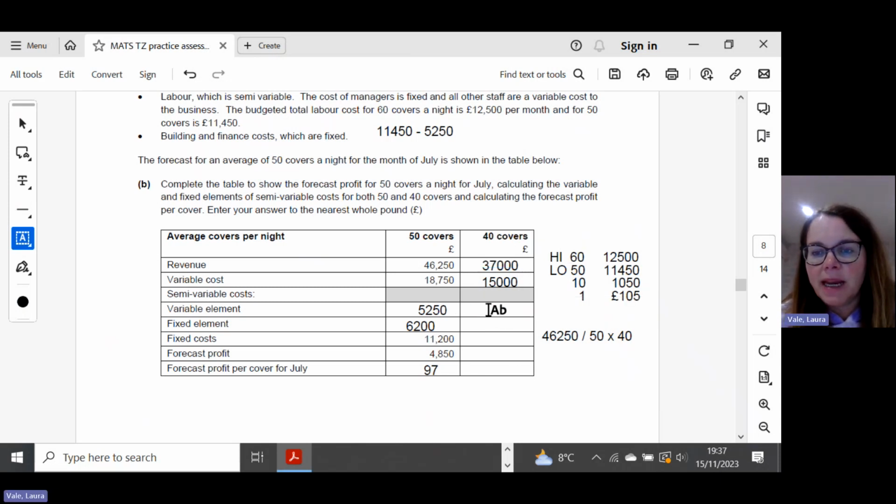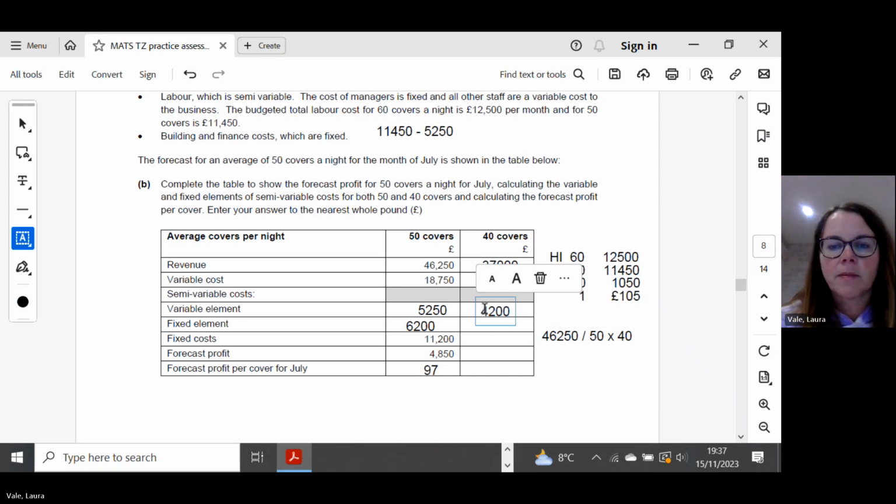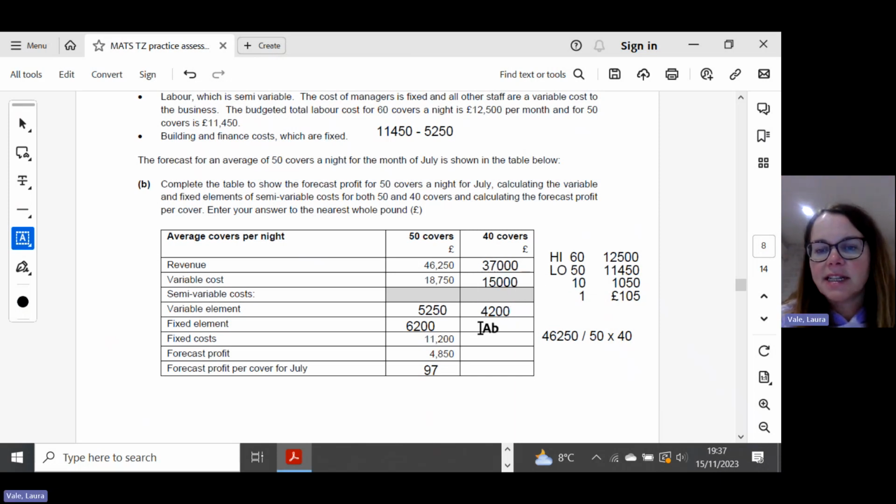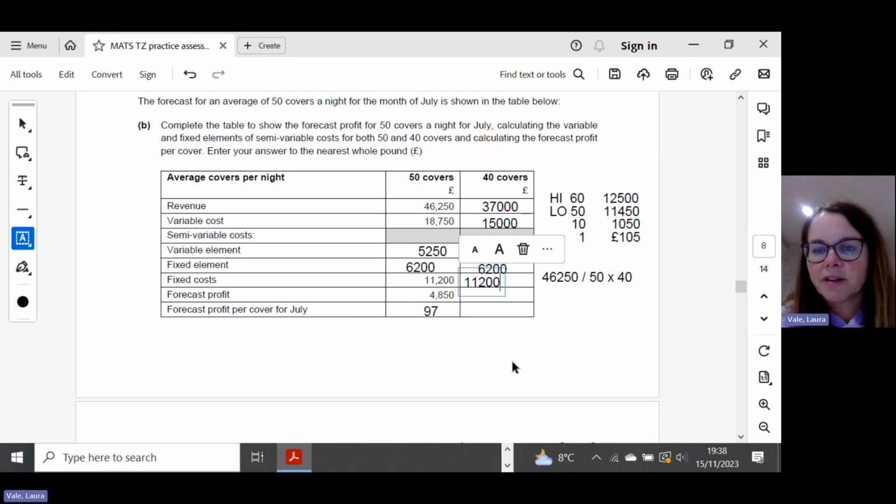Then the variable element here, so remember I knew it was 105, not £10.50, whoops. So 105 times 40 is 4,200. Fixed is fixed, so that must still be 6,200. My fixed costs are fixed, so they must still be 11,200. Sorry, it's going a bit skew, but you get the idea.